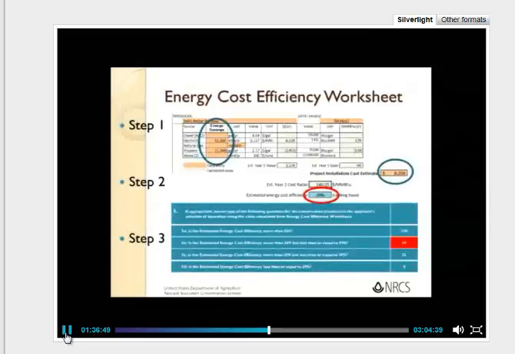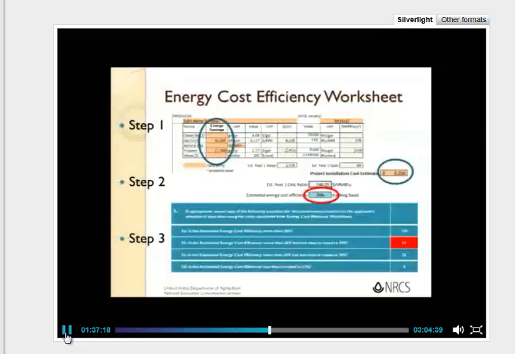Now, if the information is for a practice that has a 10-year simple payback or less, it's going to be found in Table 1. If it has more than a 10-year payback, it's probably going to be found somewhere in the narrative or in another table within the audit, so you may have to dig a little bit for those. But for the most part, the information should come directly from Table 1.